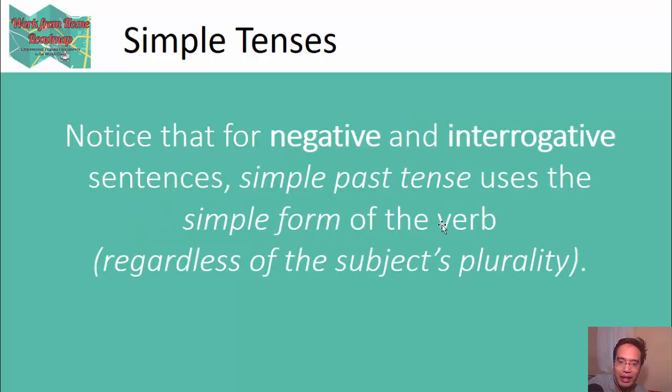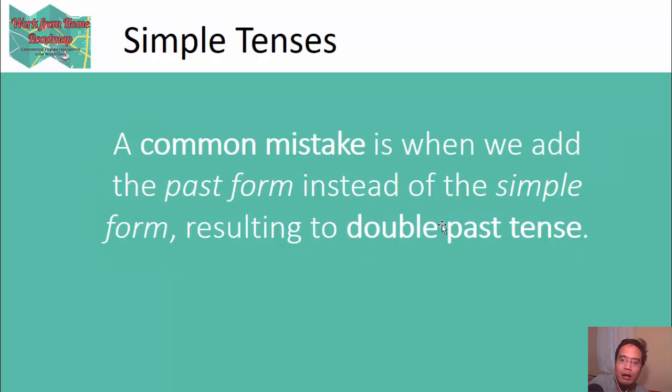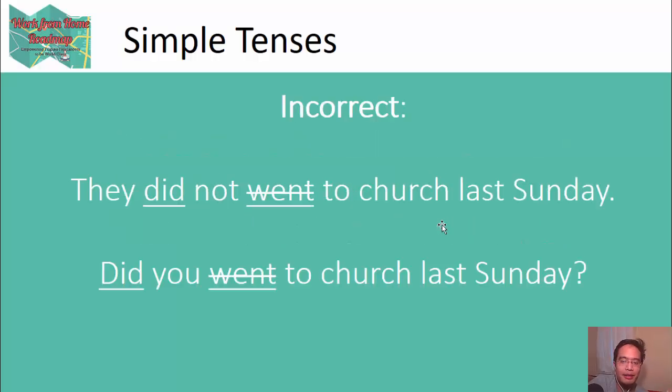Notice that for negative and interrogative sentences, the simple past tense uses the simple form of the verb, regardless of the subject's plurality. A common mistake is when we add the past form instead of the simple form, resulting in double past tense. They did not went to church last Sunday is wrong because it already has the verb did.